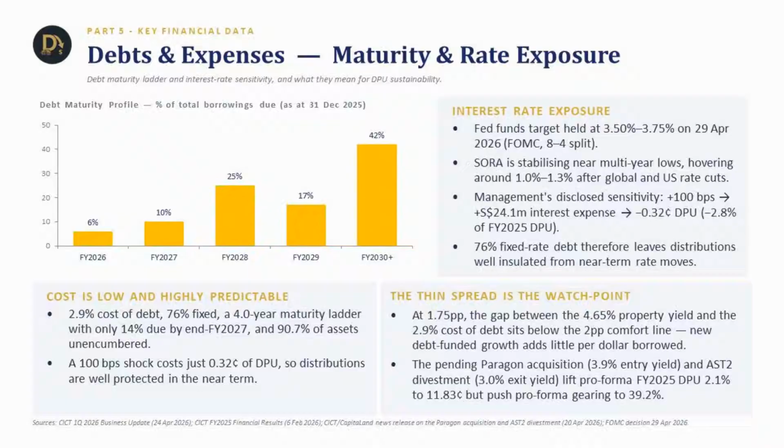So, summarizing the strict financial reality presented in this deck, CICT displays a clear 3-year DPU uptrend reaching 11.58 cents, an increasing NAV of $2.14, and an optimized debt cost of 2.9%. However, the primary numerical constraint is that tight 1.75% yield spread against a gearing ratio climbing toward 40% post-transactions. That is the exact mathematical summary of their position.